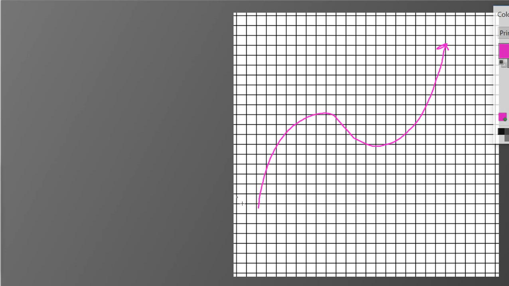I can't even think of an odd function that this isn't the case for. But here we have a relative maximum, and right here we would have a relative minimum. Neither of these are absolute. Why? Because our graph actually does get smaller over here, and our graph actually gets bigger right here.